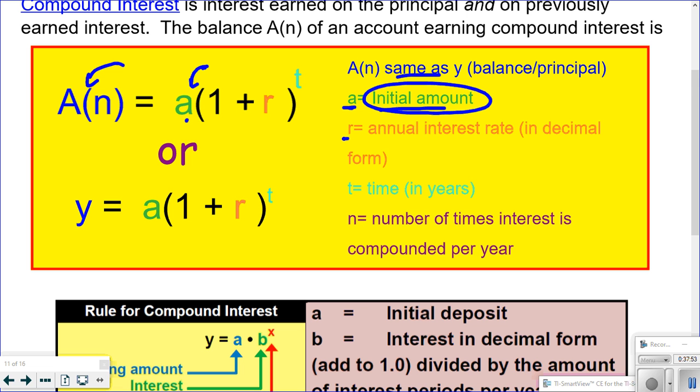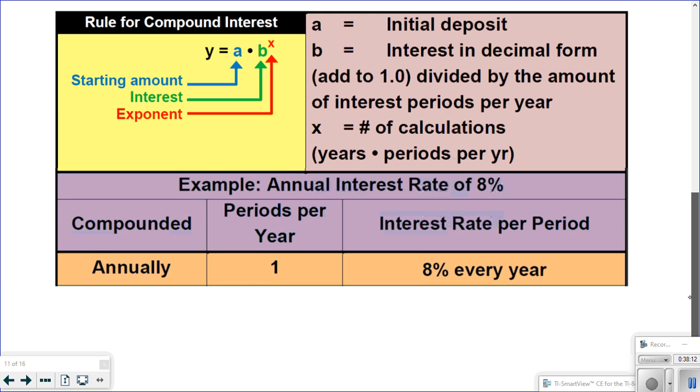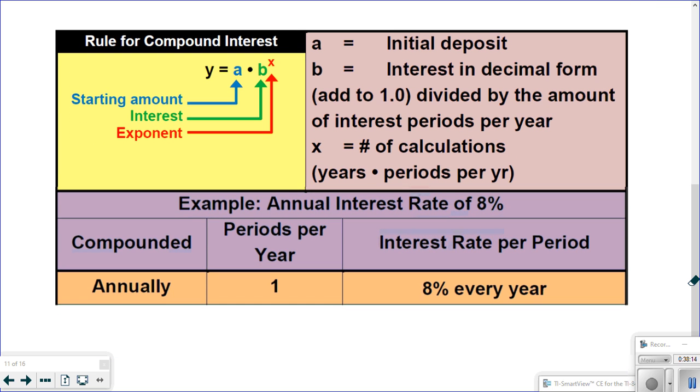Then the R is the rate. Remember, you change your percent into decimal form, and then T is the time. It's the same thing. And N is the number of times the interest is compounded per year. We're just going to stick with annually for now, and we'll do an initial question right here.